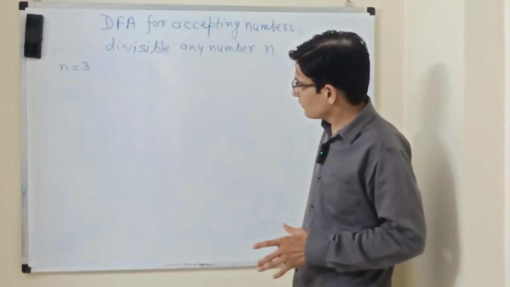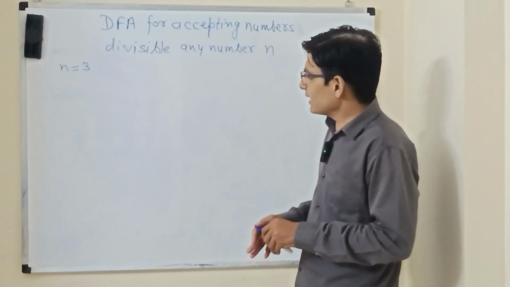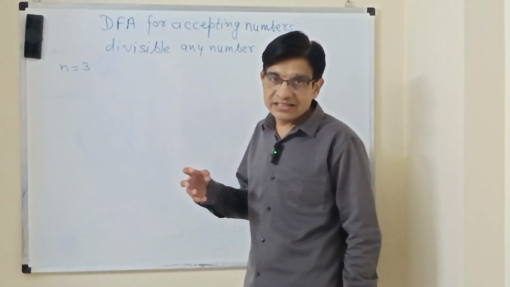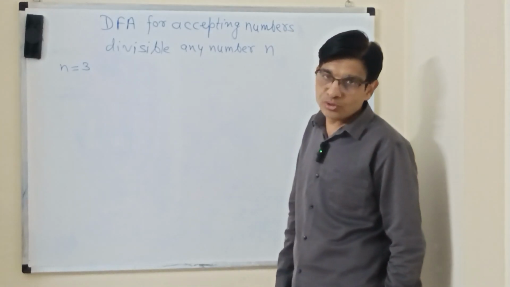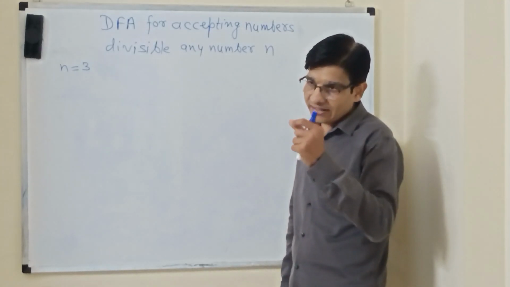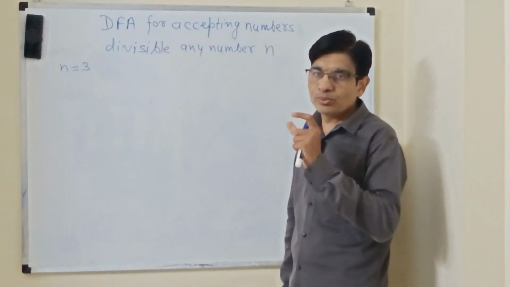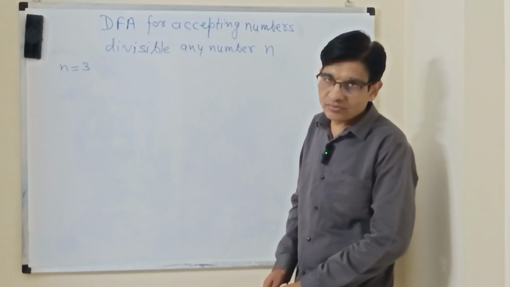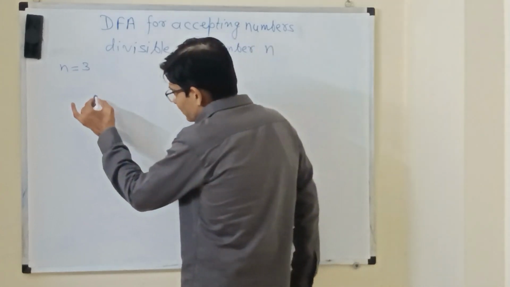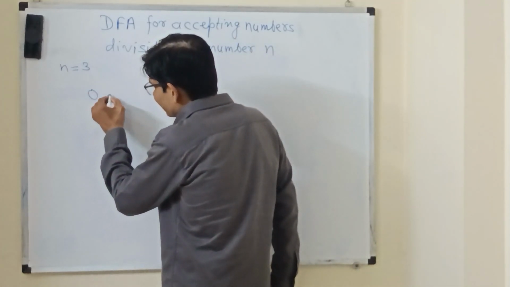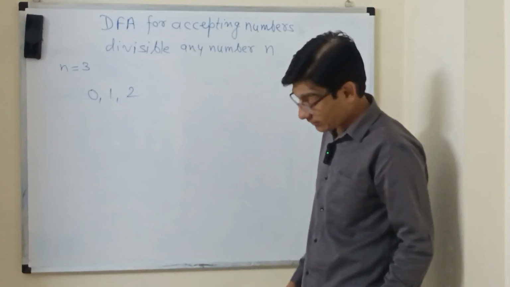So friends, for creating such machines or DFA, you need to know how to decide the number of states. For n equal to 3, if we divide a number by 3, what would be the possible values of remainder? We can have 0 as remainder, 1 as remainder, or 2 as remainder.